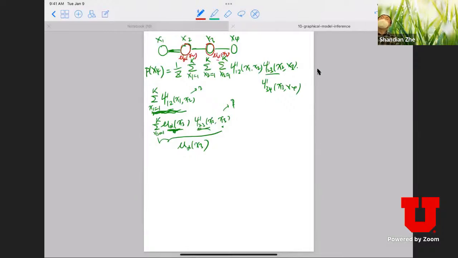And what's the next step? We have finished the two-level summations, right? Remember, we want to compute the marginal distribution of x4.